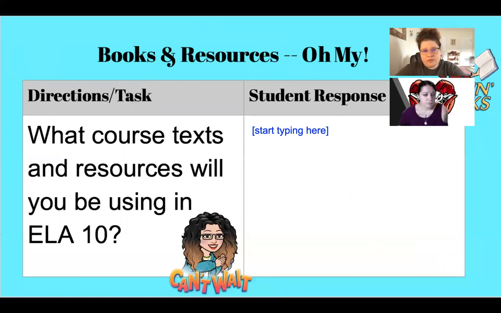For the books and resources, we often, at the beginning of the year, tell you what we're going to do and what kinds of things we're going to read. That's most often when we are in real school. It's in the syllabus. That's a hint. So maybe there's a syllabus page that you could look at, and it would tell you what course texts and what resources we're going to use to learn during this online time.